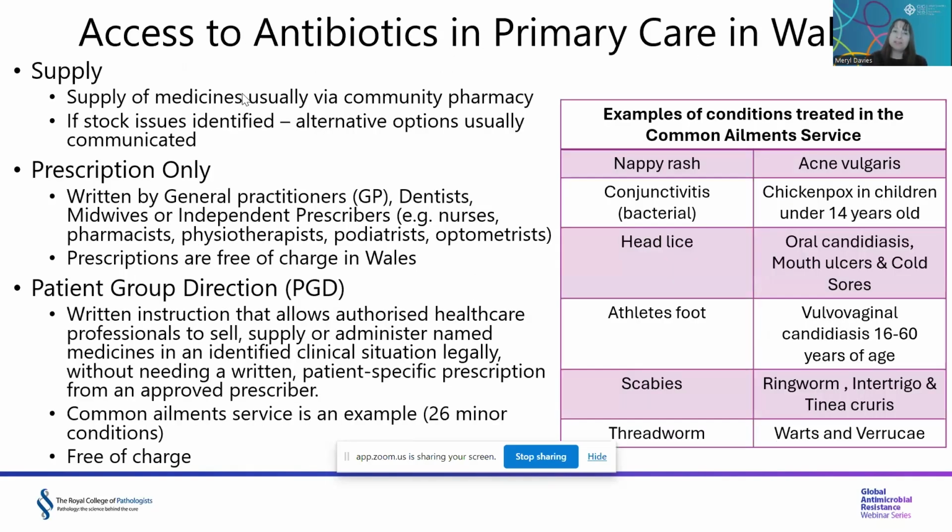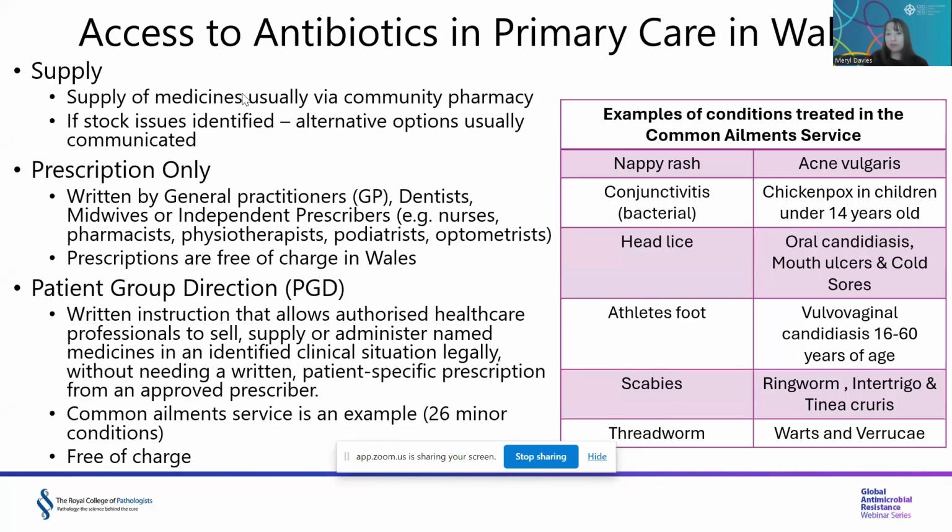So how do people access antibiotics in primary care in Wales? This is very similar for the United Kingdom as well. The vast majority of medicines are supplied via our community pharmacies. Within the United Kingdom, we have systems in place so that if stock issues are identified, alternative options are usually communicated, normally via a protocol called a serious shortage protocol.